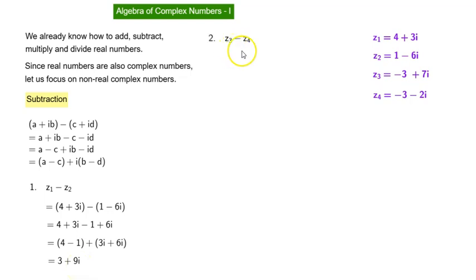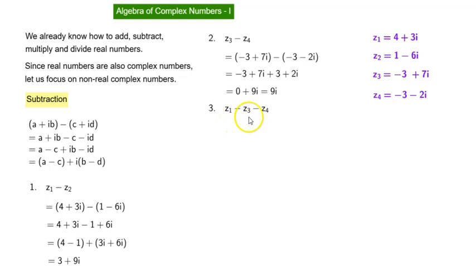Now, Z3 minus Z4. So minus 3 plus 7i minus minus 3 minus 2i. So minus 3 plus 7i plus 3 plus 2i. So we end up with minus 3 plus 3 is 0. 7i plus 2i is 9i. So 0 plus 9i is written as 9i.